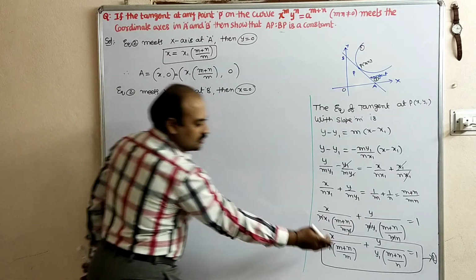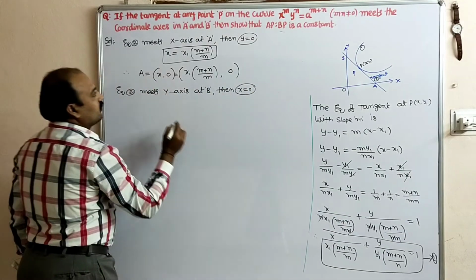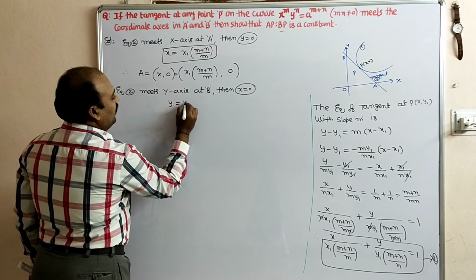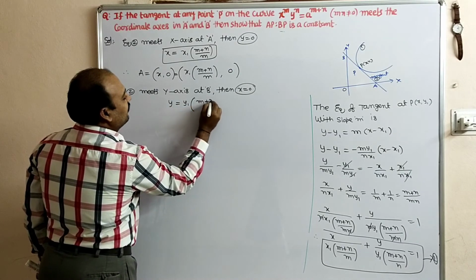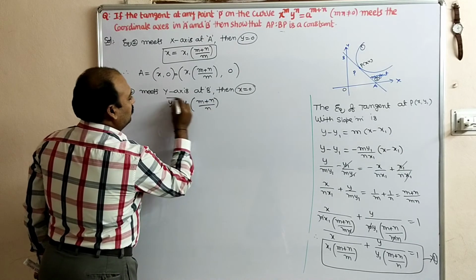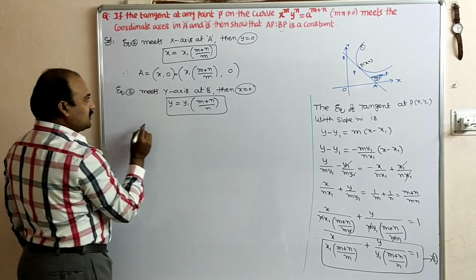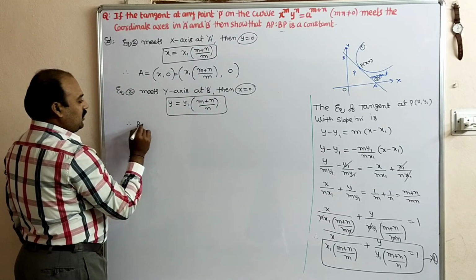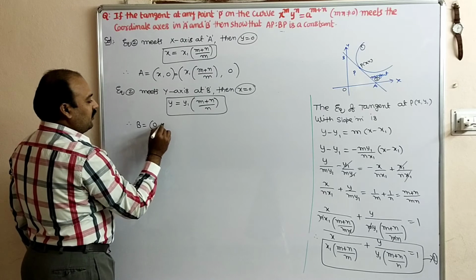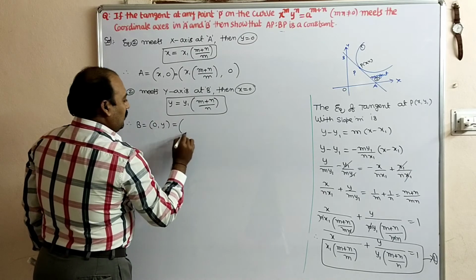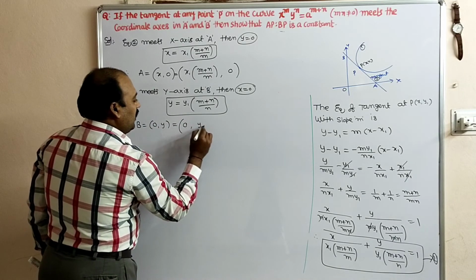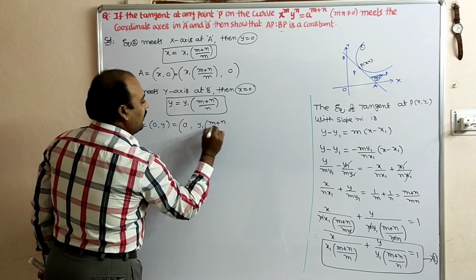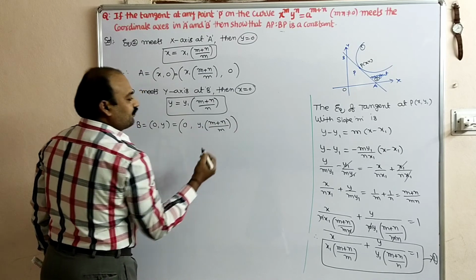Whenever x is equal to 0, substitute and y equal to y1 into (m plus n) divided by n. So the coordinates of point B equal 0 comma y1 into (m plus n) divided by n.